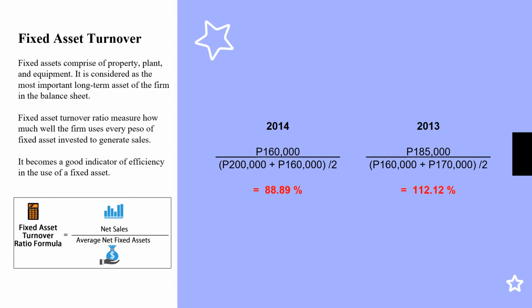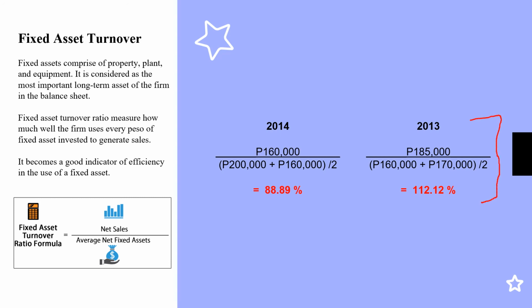So our formula is net sales over the average net fixed assets. So paano makuha yung average net fixed assets? So same way kung paano natin nakuha yung average accounts receivable and inventories natin. So we just simply add the previous plus the current divided by 2. So here, for 2013, we have the net sales, yung given.